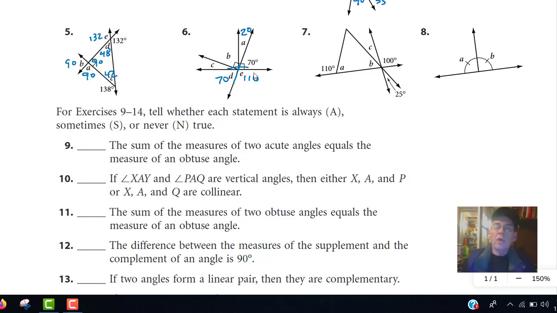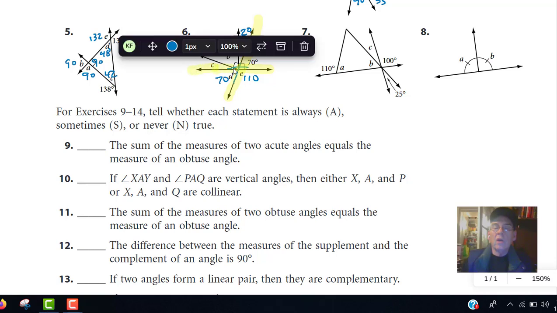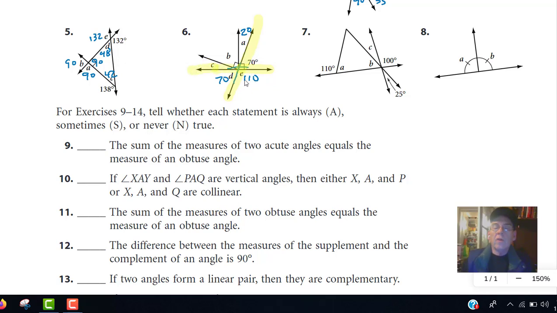We want to do angle E, which we found is 110. So here's one side of angle E, and here's the other side of angle E. So this, by vertical angles, C, B, and A need to add up to 110.